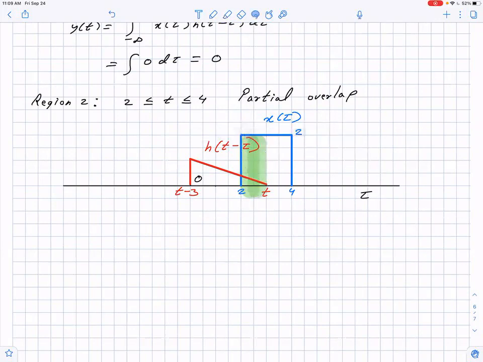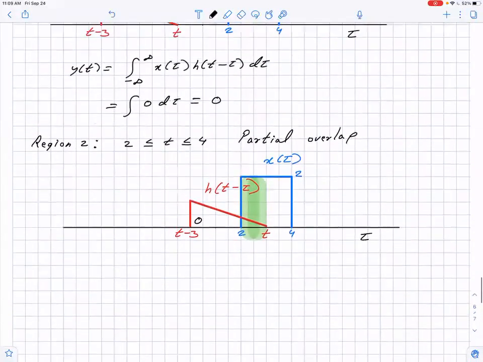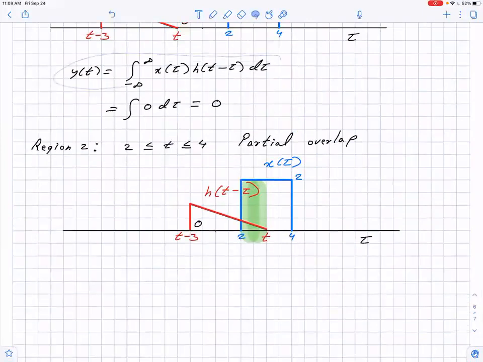So from tau equals 2 up to tau equals t is where we are seeing the overlap between the non-zero portions of the two functions.